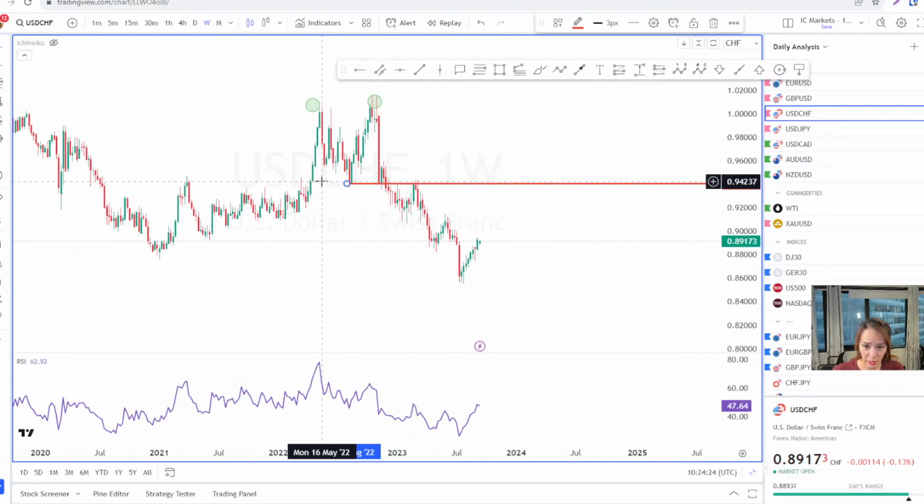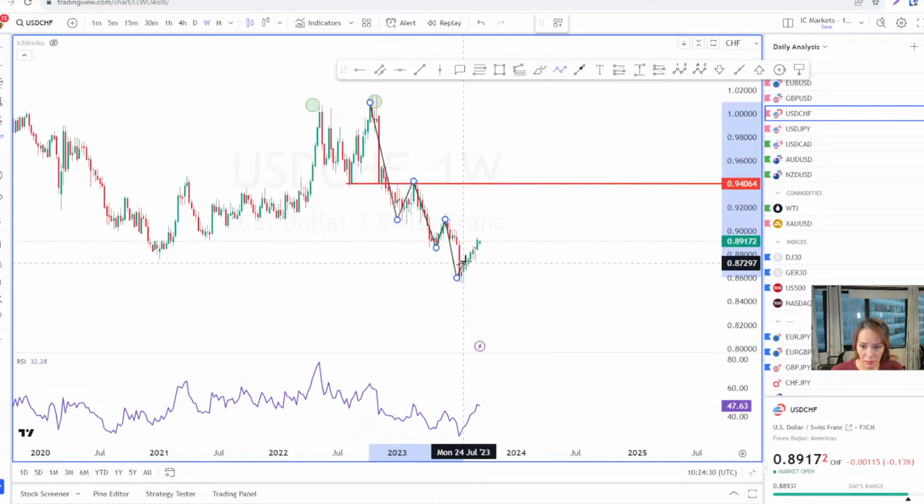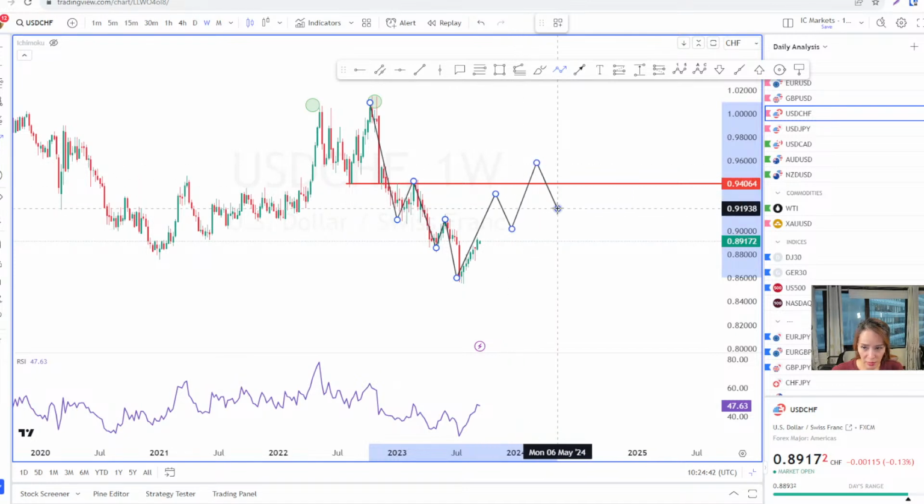Price respected the neckline, and then they make a lower low, lower high here. In order to change the momentum from downtrend to uptrend, they need to break this high, and then it becomes like that. Okay, this is upside, I mean changing from downtrend to uptrend.